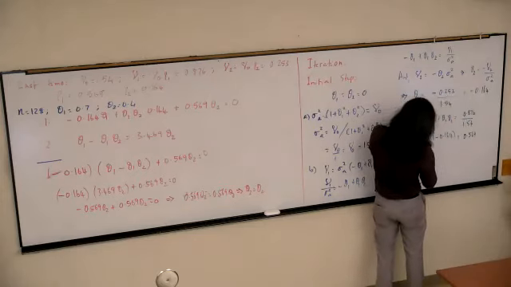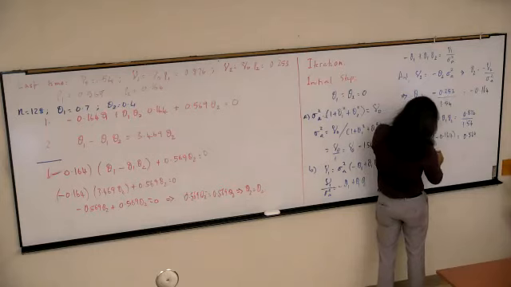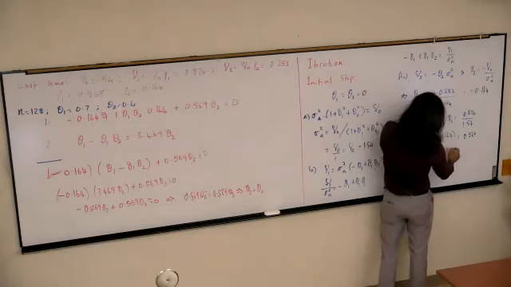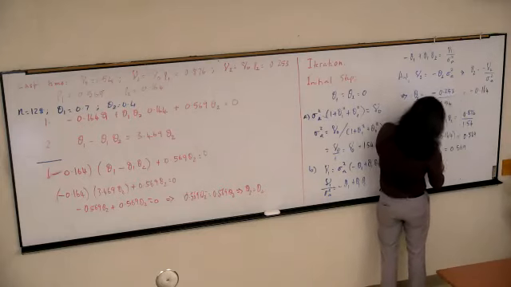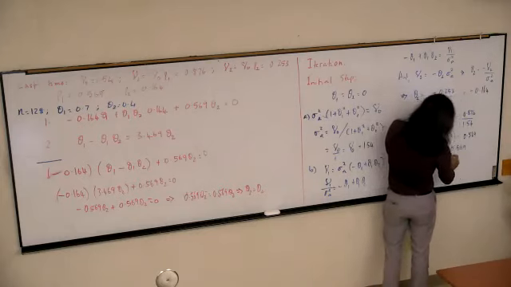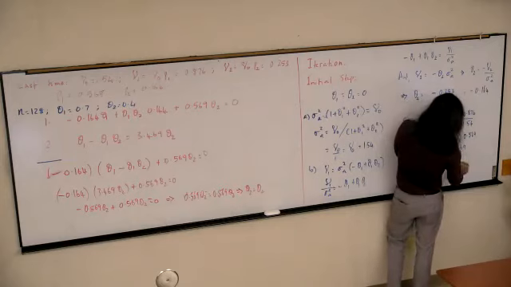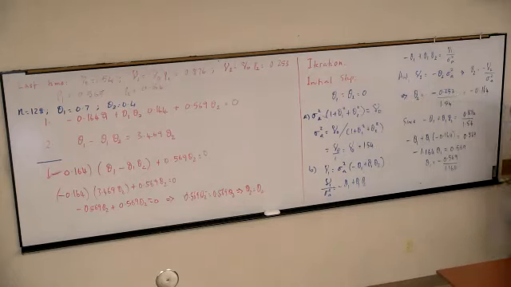Combine those two, you have negative 1.164. Theta 1 equals 0.569. Theta 1 would be minus 0.569 over 1.164. Good. Negative 0.48.